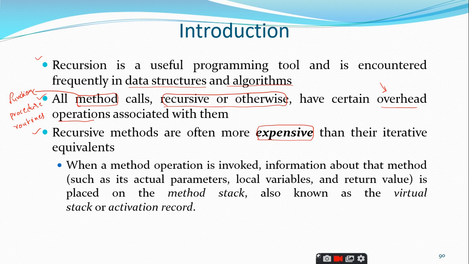But remember that the recursive methodology is always more expensive than its counterparts, which are nothing but iterations or loops. Because, as I told, recursion involves the function calling itself. Whenever you have a function call, you have the overhead of a function call. Now let us see what the overhead involved in these function calls is.